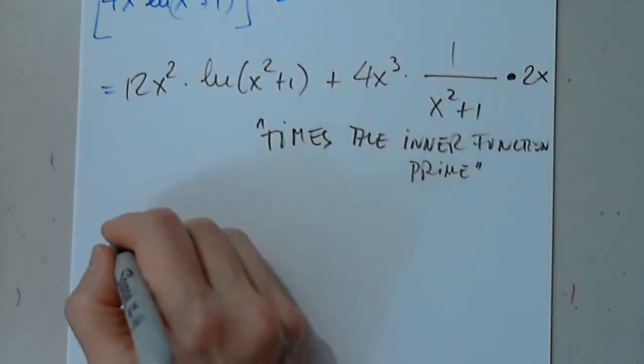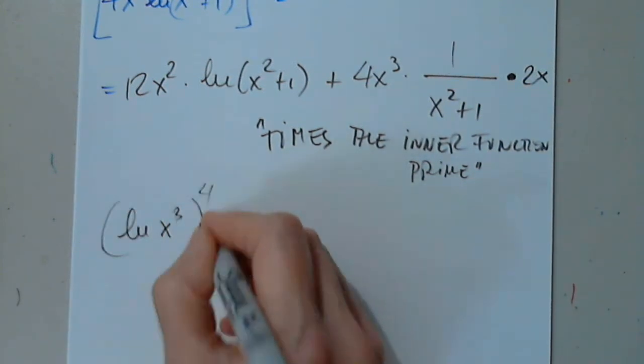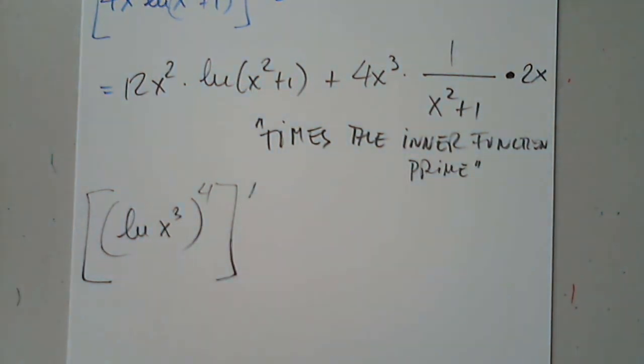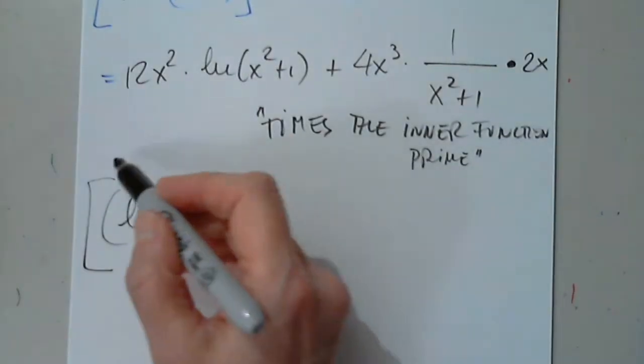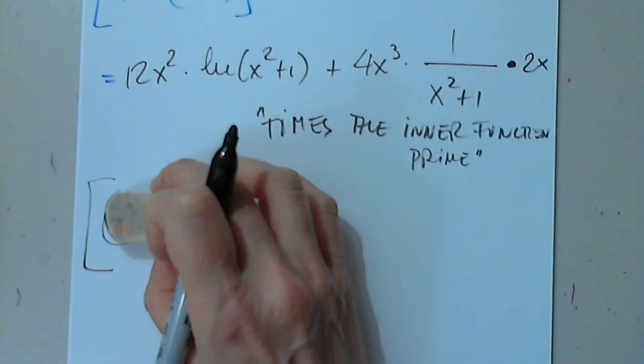So here's another one. Let's say natural log of x cubed to the 4th power. How do I differentiate this? Would you do the chain rule too? Yes. So let's use the chain rule. 4 times this, cover it if you have any difficulties.